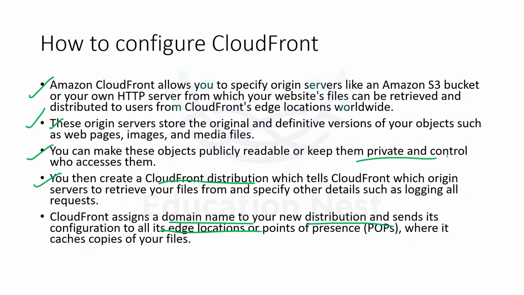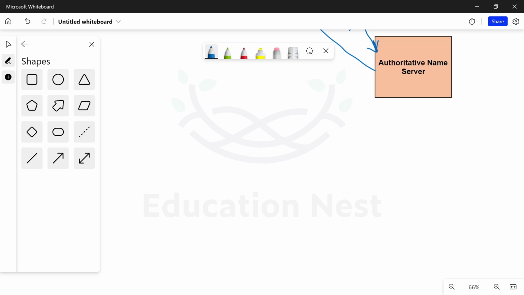Before we go to Outposts, I have one diagram that we would be seeing on the whiteboard. Here we understood that the first step is to decide on the origin, that is, where our origin server is.